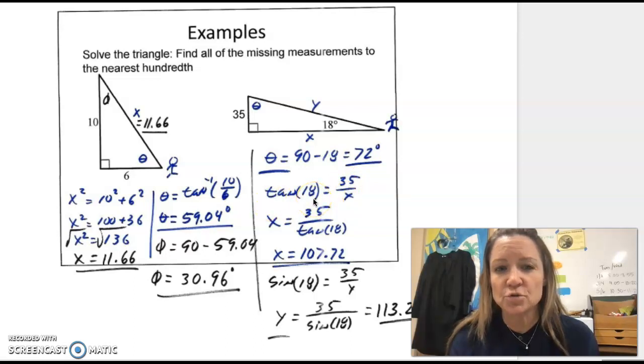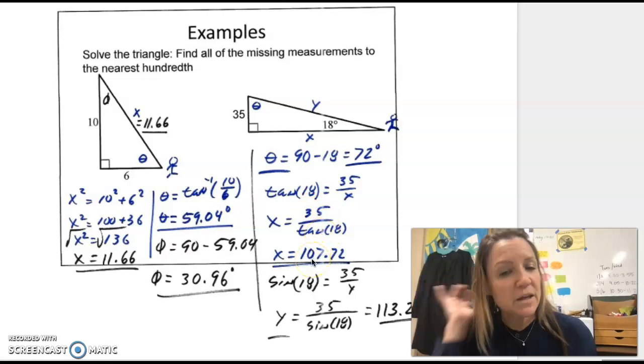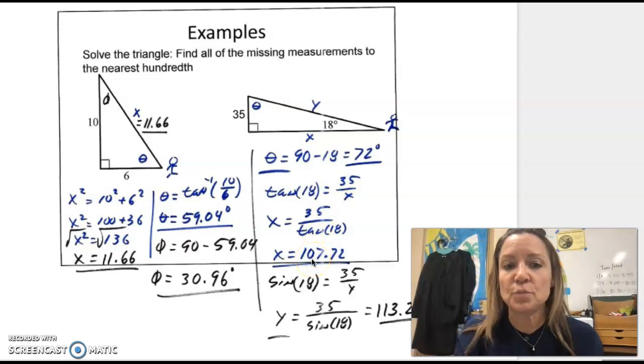So go ahead and make it into a proportion and do the cross product. So 1 times 35 is 35. x times the tangent of 18 is x times the tangent of 18. So we're going to divide both sides by the tangent of 18. You plug that into the calculator. And 35 divided by the tangent of 18 is approximately 107.72.